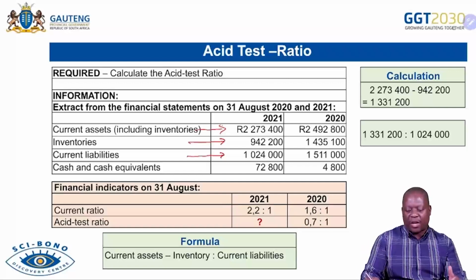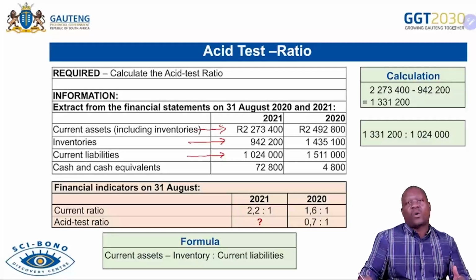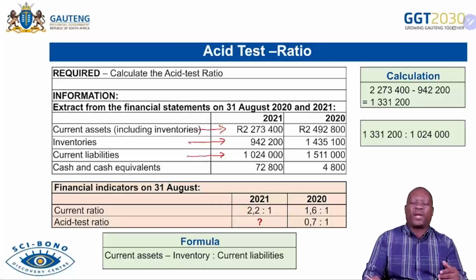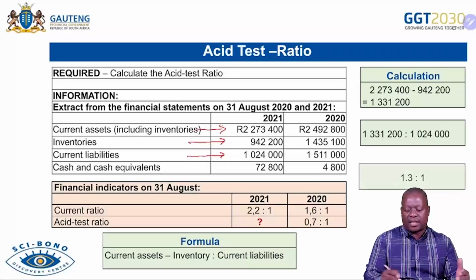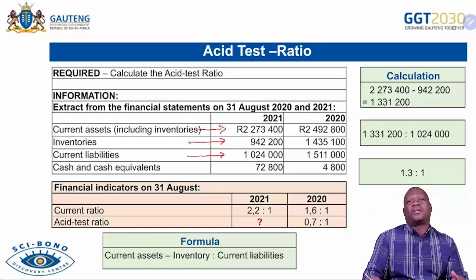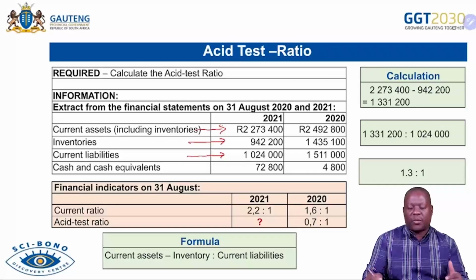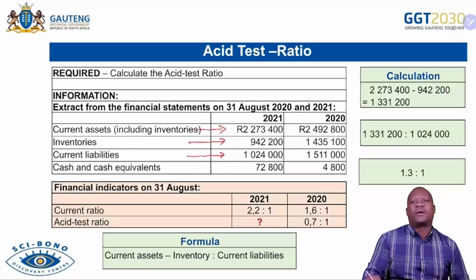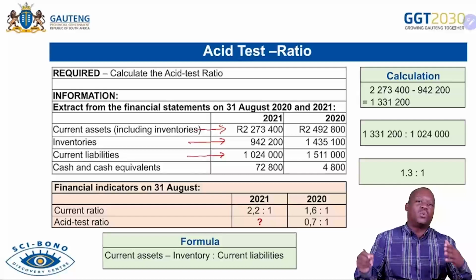So it means we are going to divide 1,331,200 by 1,024,000 so that we can find the indicator that is going to be on the left-hand side. So you can see when simplified, it becomes 1.3 to 1.